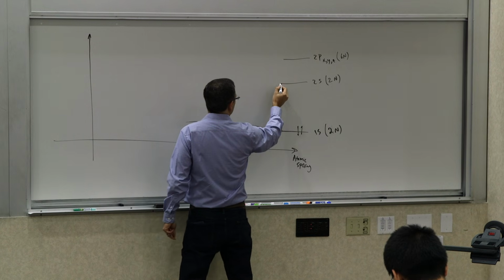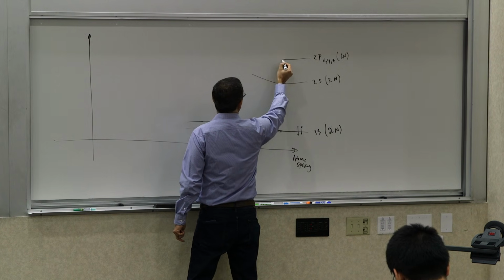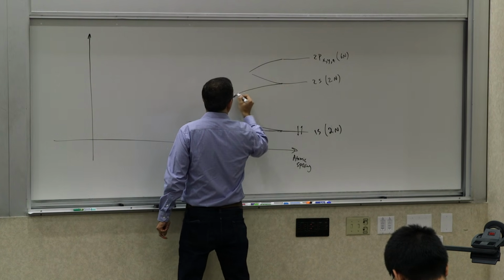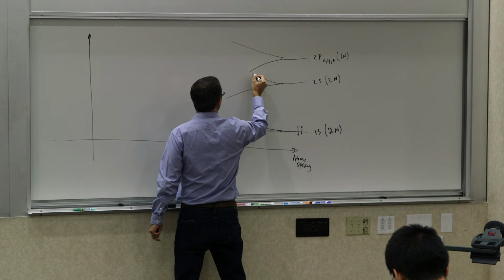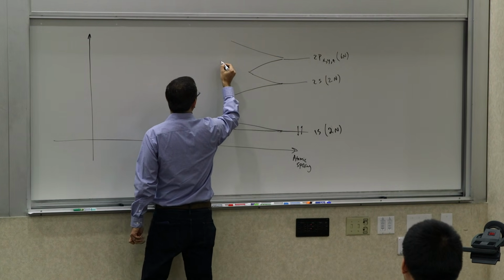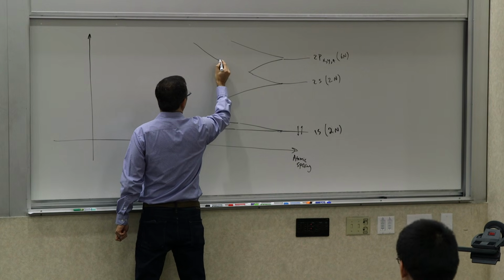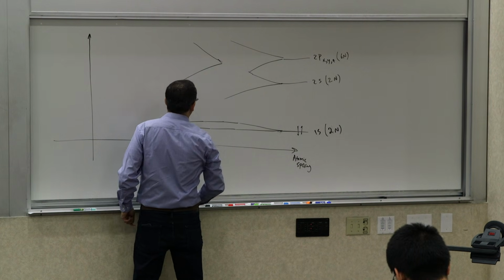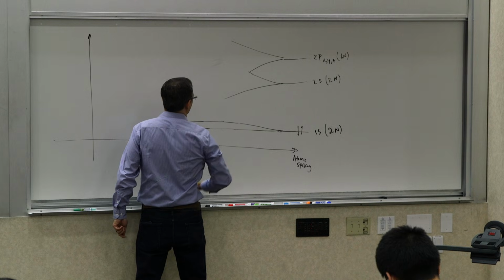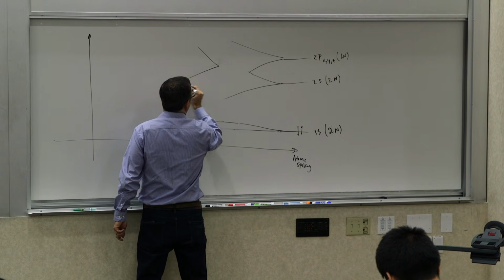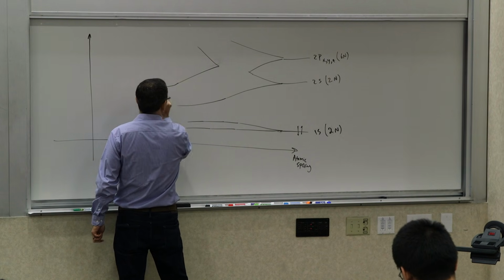So you get these bands. One of the interesting things that happens here is that there's a degeneracy, so there's an opening, and then there's a mixing, a blending of this thing, and then there's a splitting. And this is the way the band diagram looks.